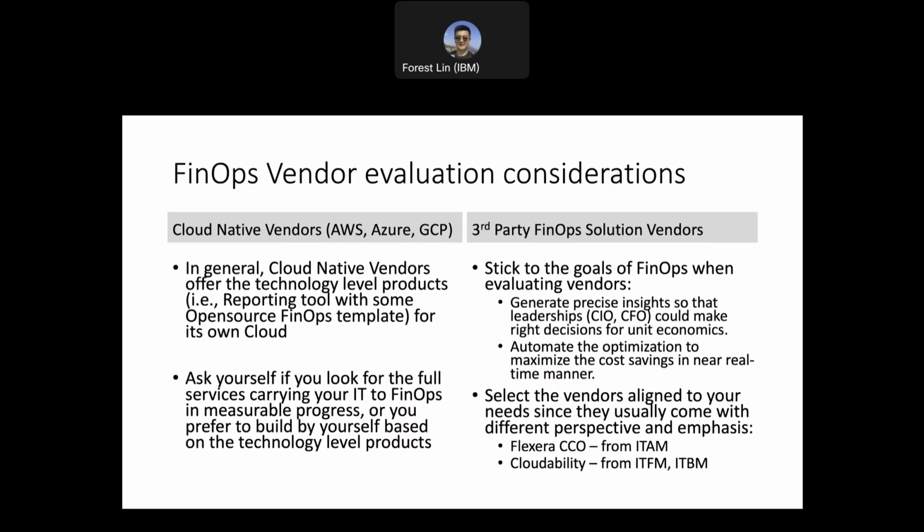It needs to be precise and make sense to the upstream, to the IT leaders and finance leaders, to make the right decisions. Second, in the downstream, they need to get ready for the automation and optimization innovations to maximize the cost savings in a near real-time manner.